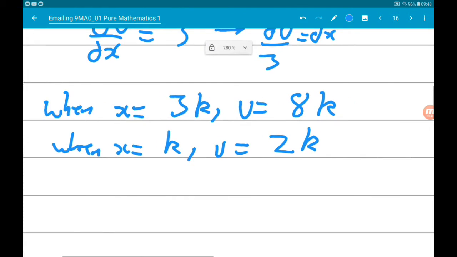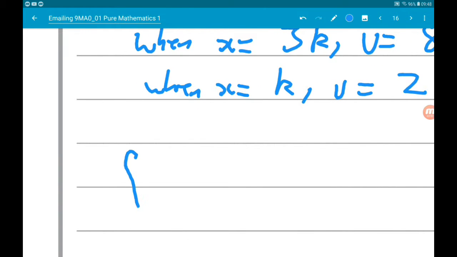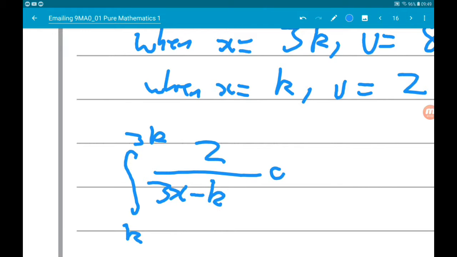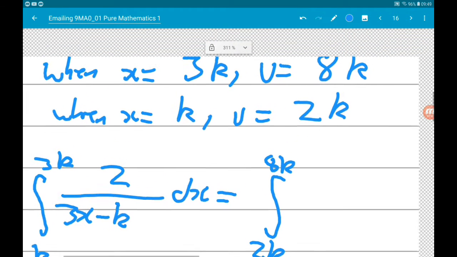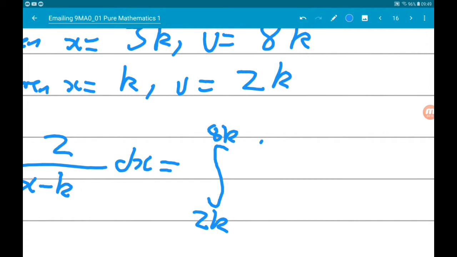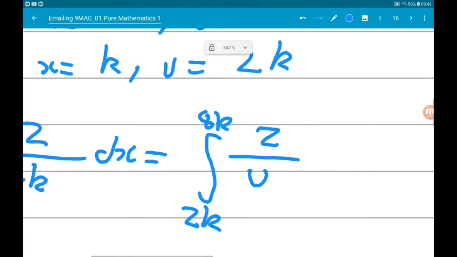So the integral between k and 3k of 2 over 3x minus k with respect to x is equal to the integral between 2k and 8k of 2 over u, and now the dx is du over 3.